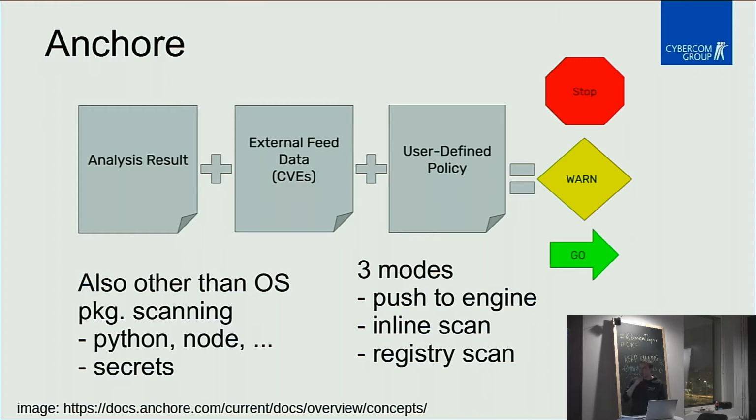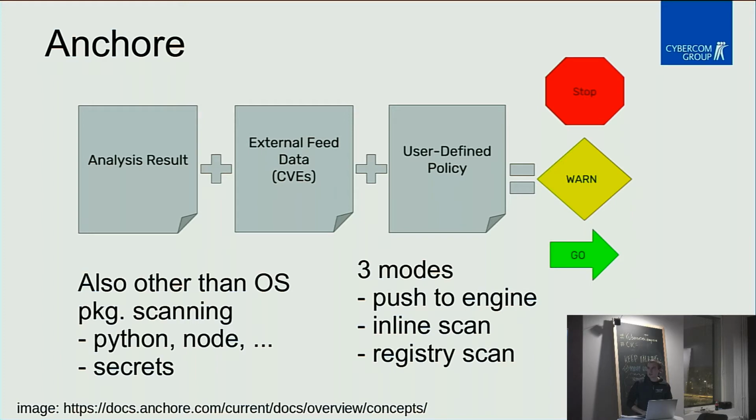And then the third, maybe the one that they are trying to advertise, is the policy. So it first does the analysis, and then you write a policy, for example, that you are not allowed to install SSHD on this container, and then it will mark it a failure if there is something that doesn't match the policy.